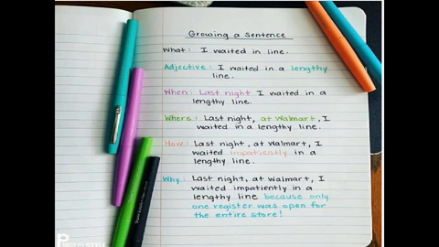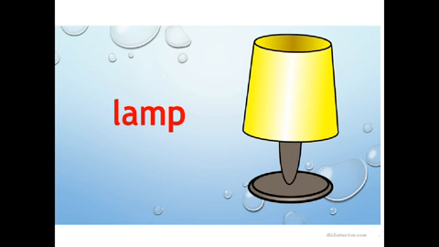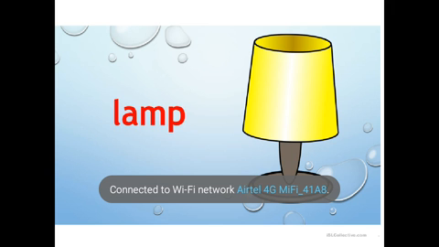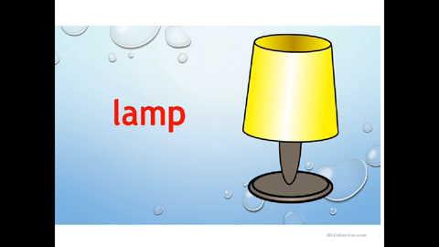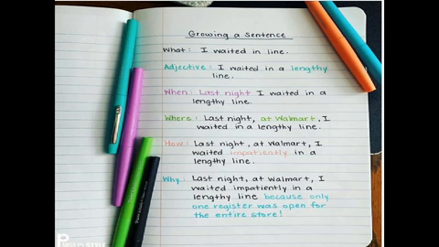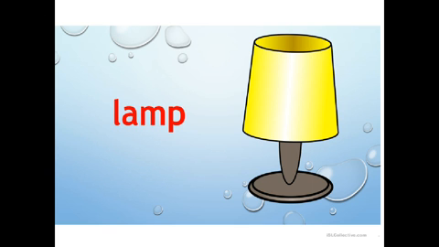So you see that sometimes when you're making sentences, when you're looking at pictures, you have to really look at it and describe it. So if you were me, because I know you're not me, but I know you're getting there, you'd say, I can see a yellow lamp, or I can see a yellow lamp that is turned on, or I can see a yellow lamp with a gray stand.